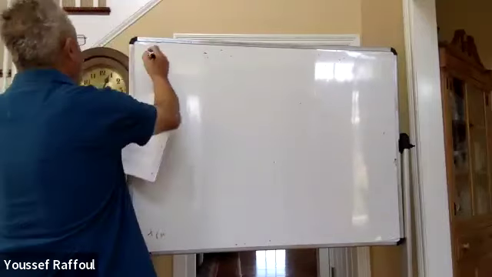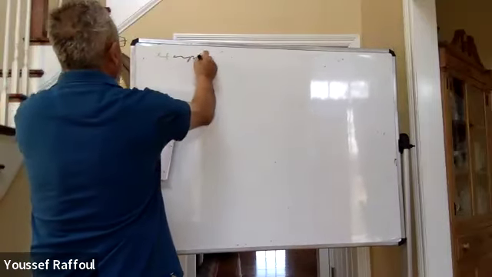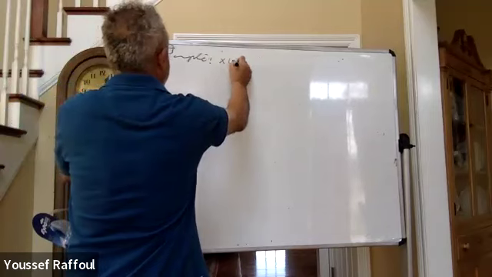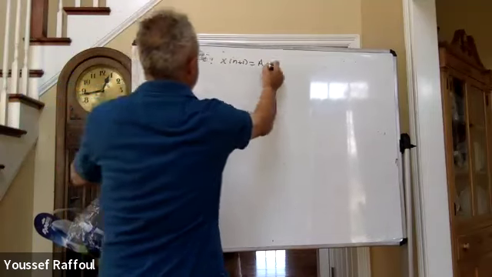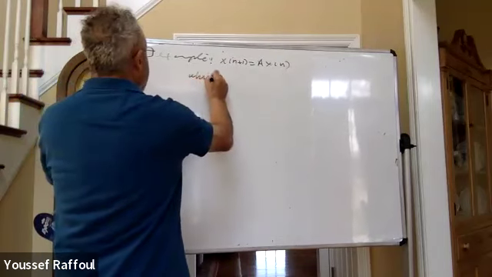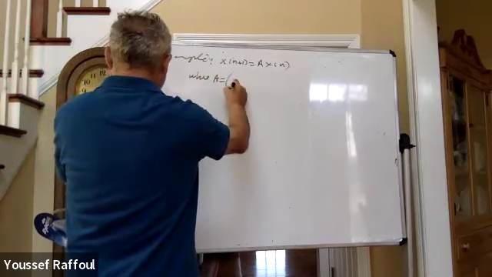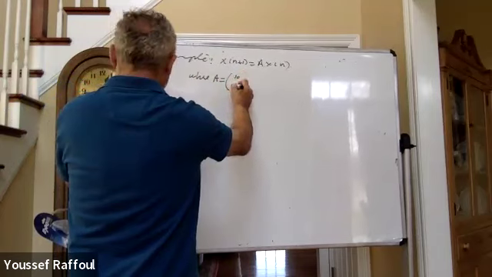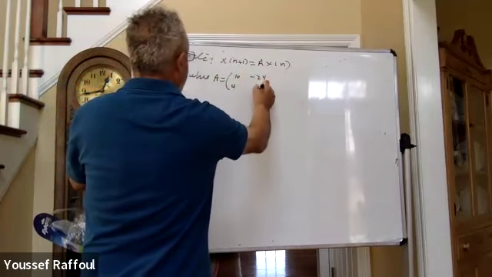Okay. Here's an example. Let's take a look at x n plus 1 equals A x n, where A is the constant matrix 10, 4, minus 24, 10.